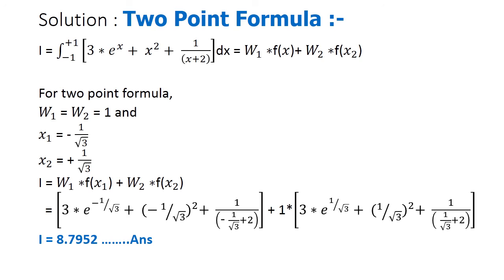For w2 it is 1, and the value of x2 is plus 1 upon root 3, therefore in the original equation we will put everywhere x equal to plus 1 upon root 3. Therefore this equation can be written as 3 into e raised to 1 upon root 3 plus 1 upon root 3 squared plus 1 upon positive 1 upon root 3 plus 2, and after solving this equation we will get integral is equal to 8.7952.